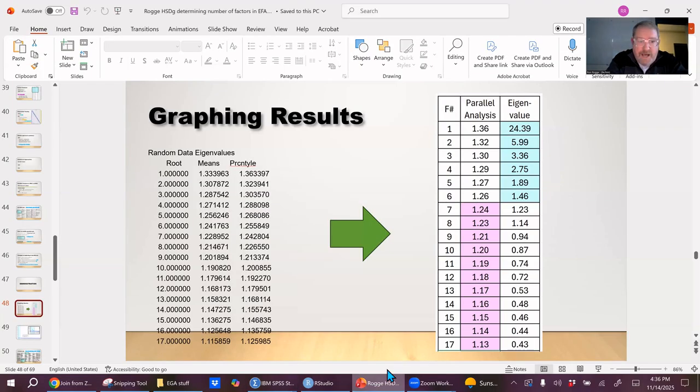Coming back to the slides, I pasted these numbers into here, and then the eigenvalues from the EFA output here. And you can see after the sixth eigenvalue, which is still above that threshold line, the seventh, 0.123, is just below what you can get from random.